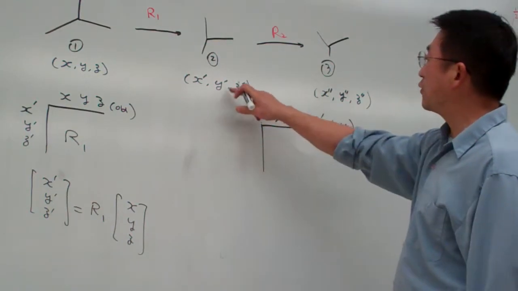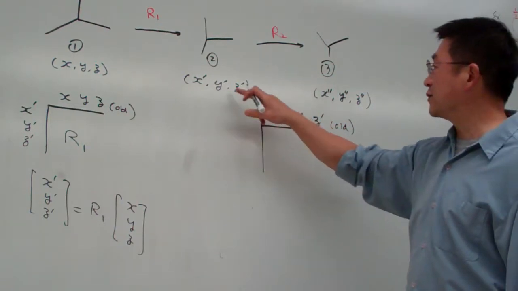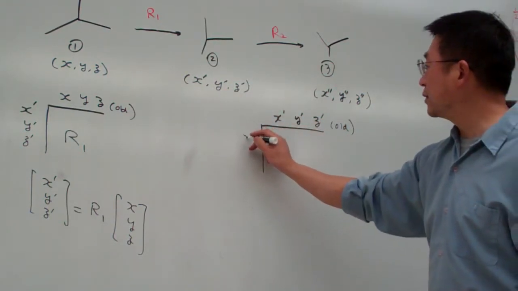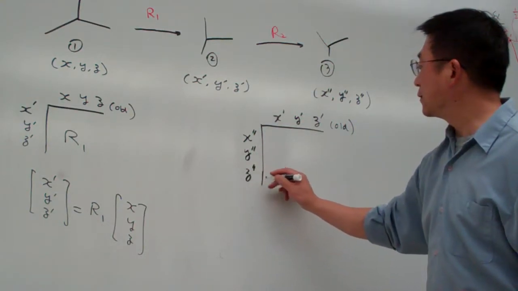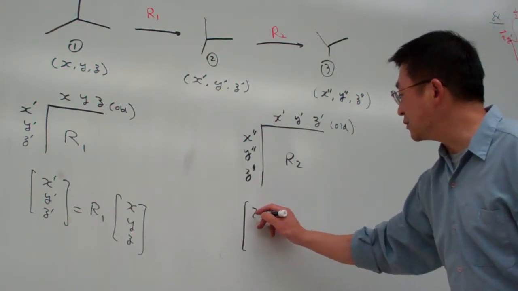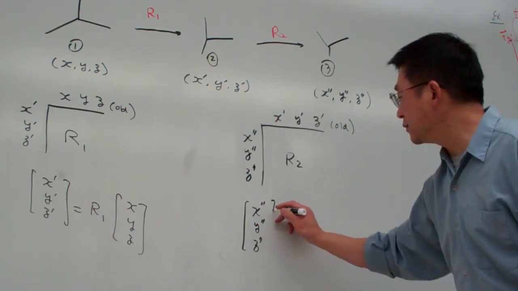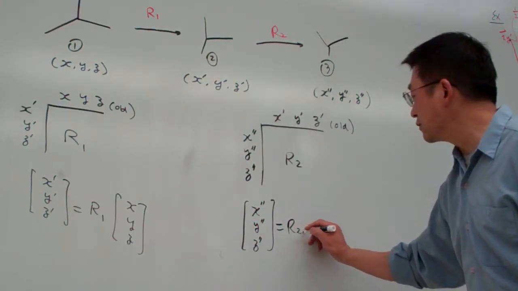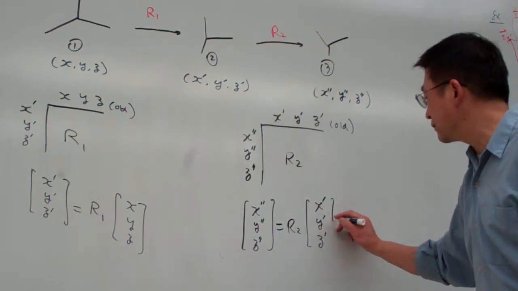So that means right now I'm talking about from 2 to 3. Here, everything is respective to the old one and the new one. So that is R2. So in terms of the calculations, x double prime, y double prime, z double prime equal to R2 times x prime, y prime, z prime.